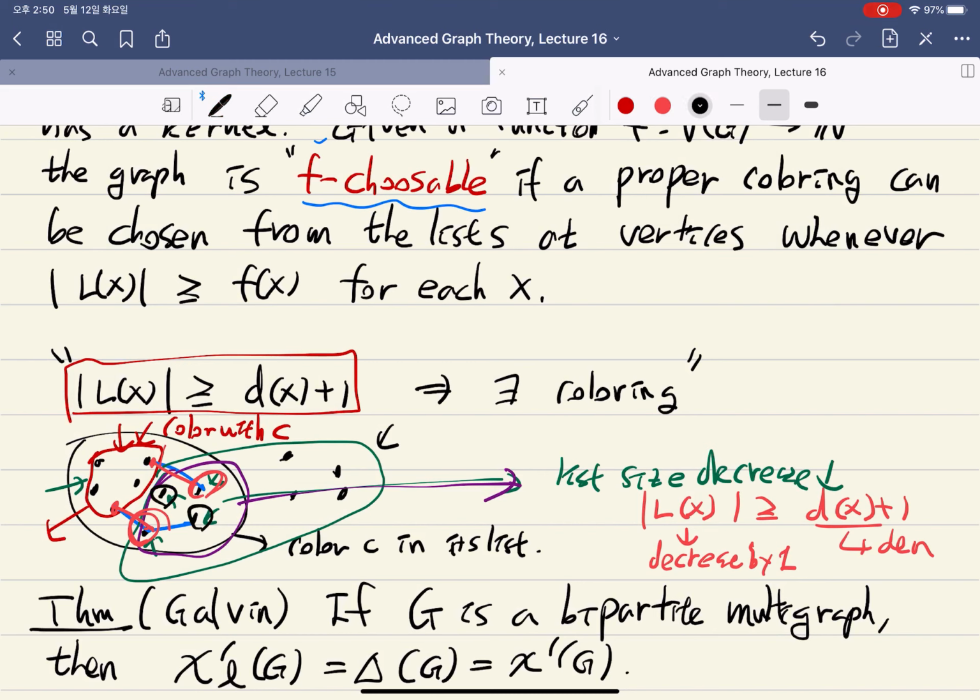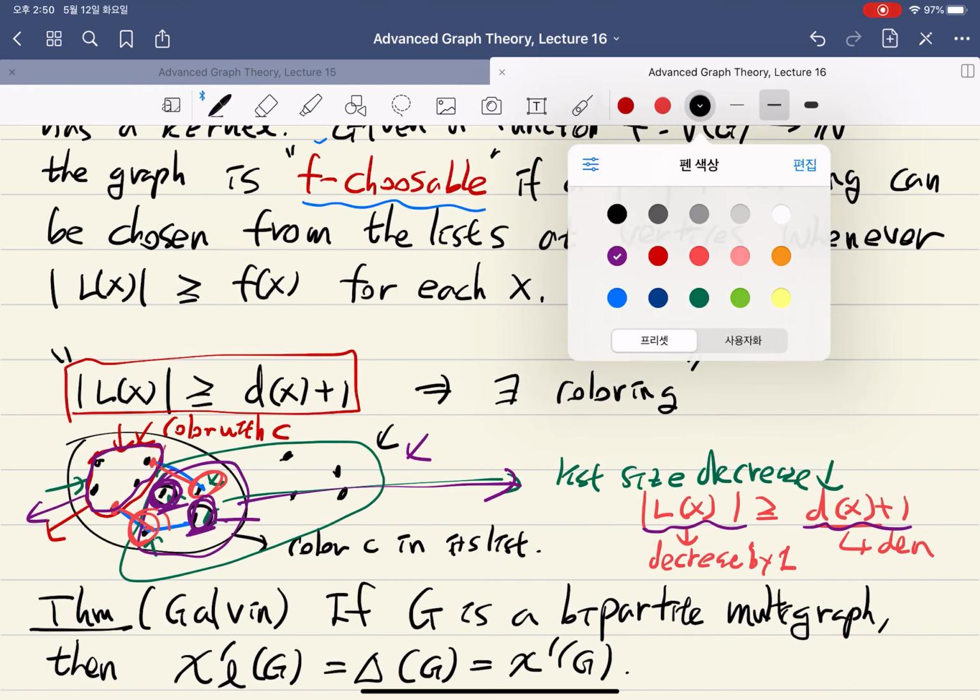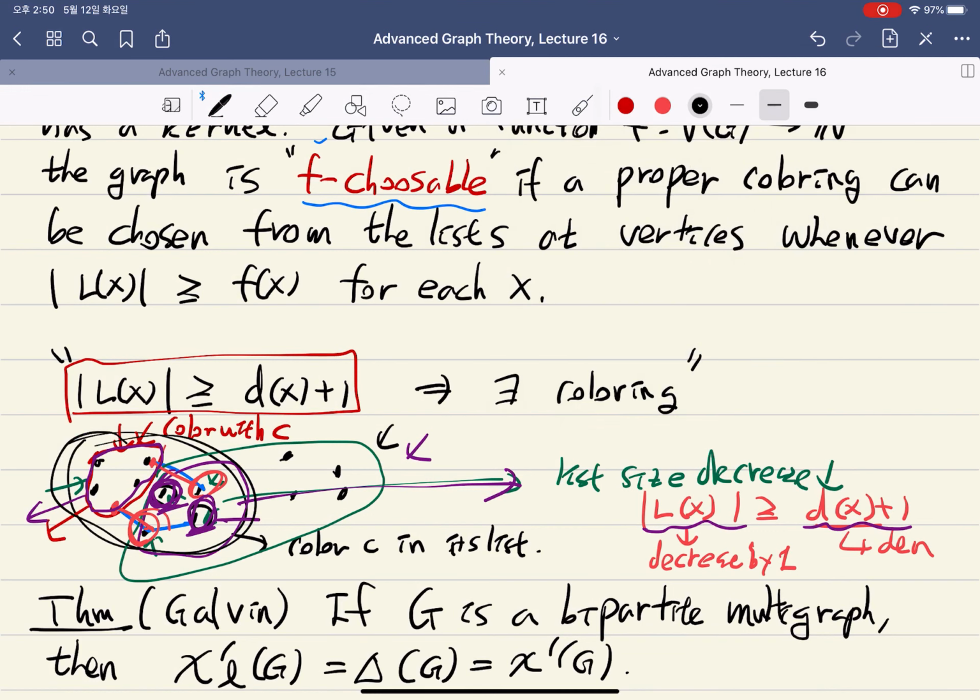But for these two vertices, if they have no neighbors in this independent set, then the list size decreased by 1 because we delete C from every vertex, but the degree didn't decrease. So this approach might fail if there are some vertices which don't have any neighbor in this stable set, in this independent set.